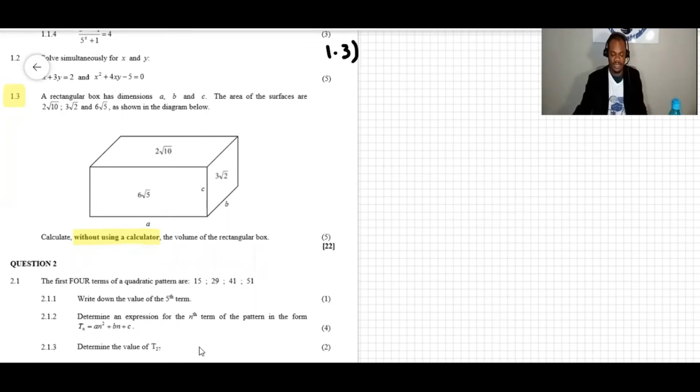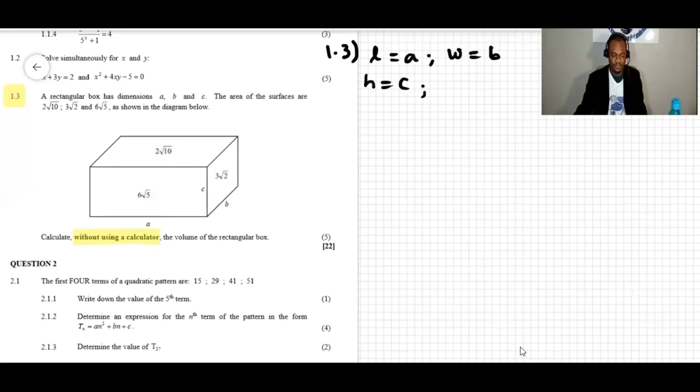We are given the dimensions A, B, and C. I can say the length of the box is A, the width is B, and the height is C. We also have the surface areas.